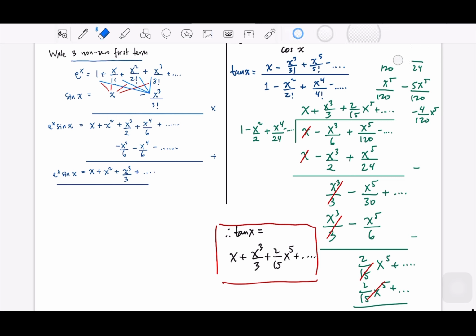Maybe I will erase this one here. This is maybe confusing. This is my calculation.